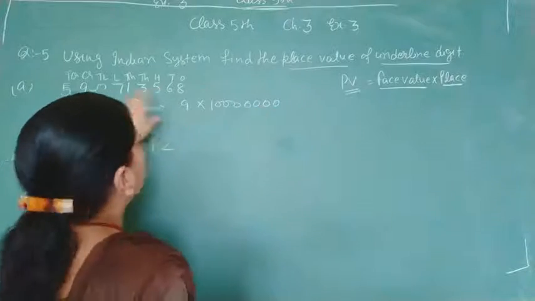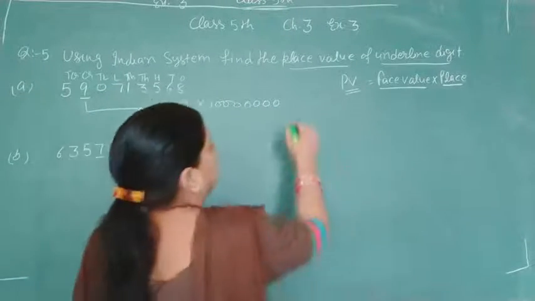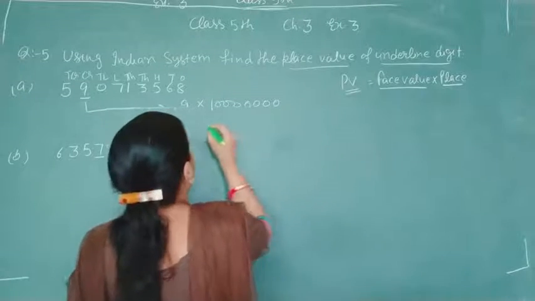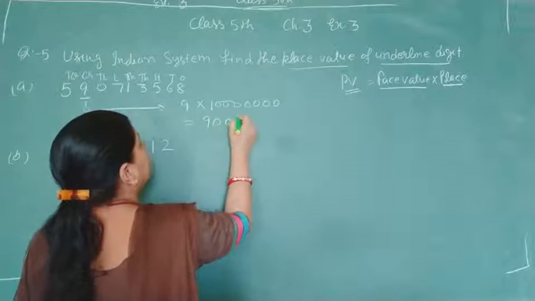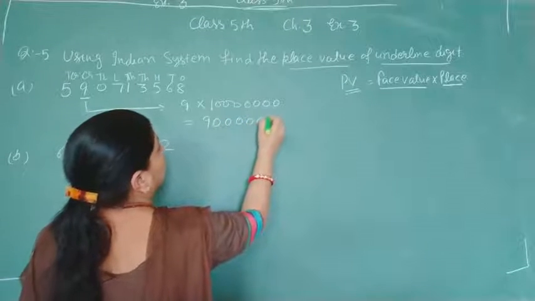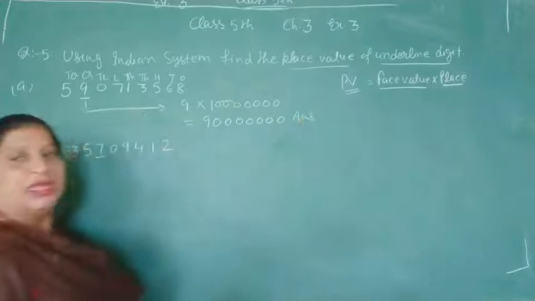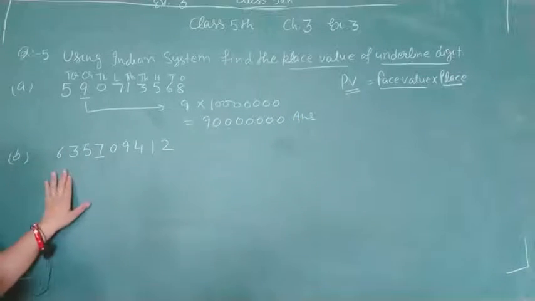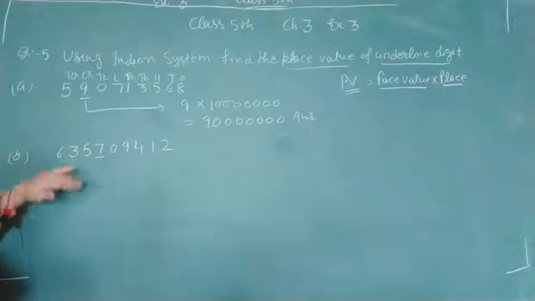After multiplying, we get the place value, and the place value becomes 9 crore. This is the answer. Now let us see one more example of this type of question.